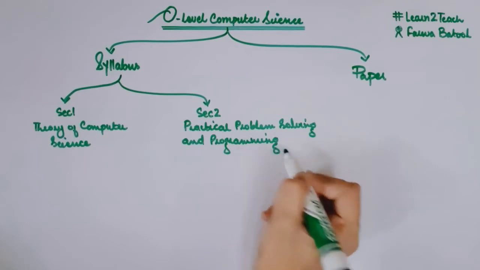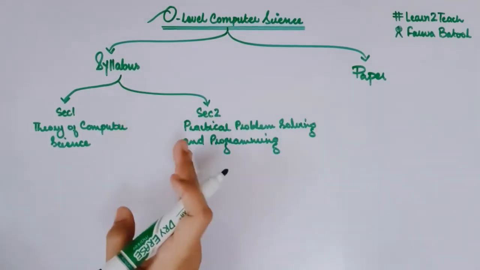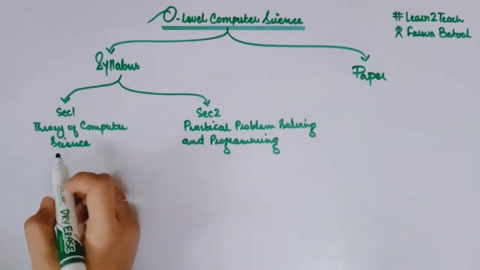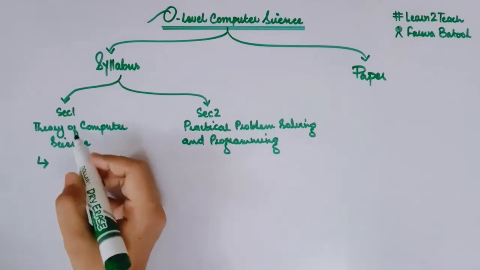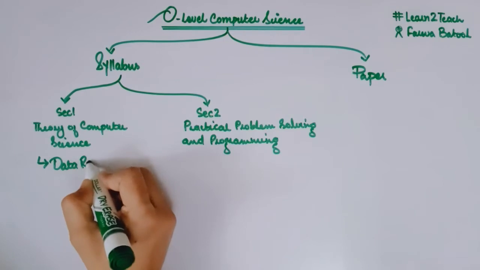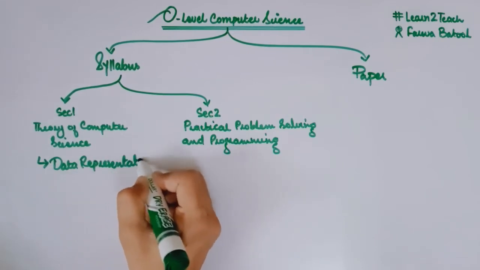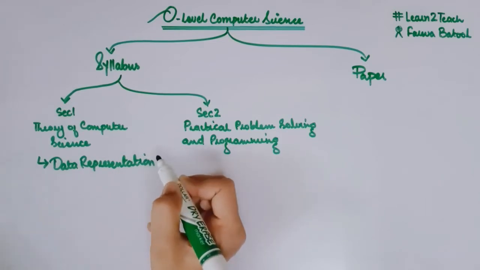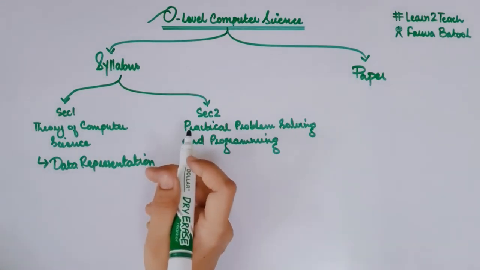Now let me tell you what are the topics or the subtopics we are going to cover in each section, right? So moving towards section number 1, the topics we are going to cover over here is data representation, right? Inside data representation we are having binary numbers, hexadecimal numbers, and data storage, bytes, and much more like that, right?